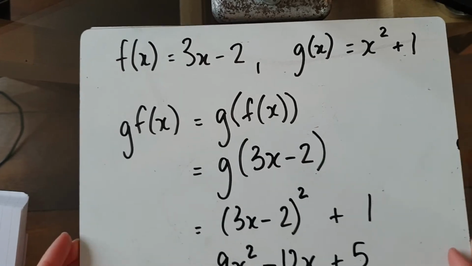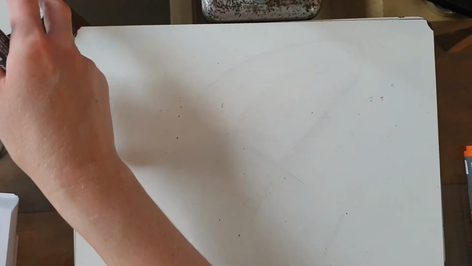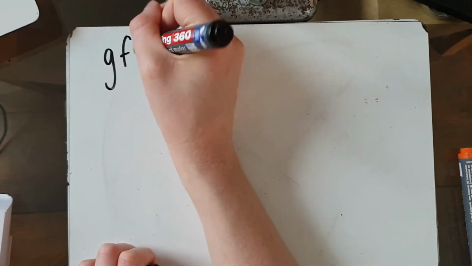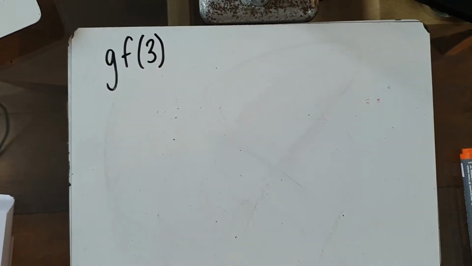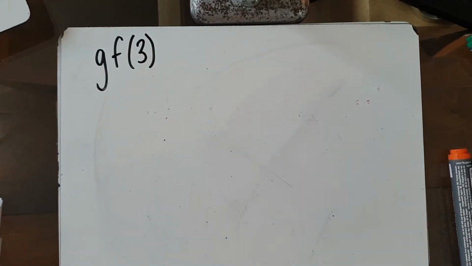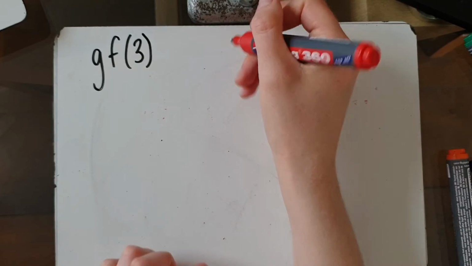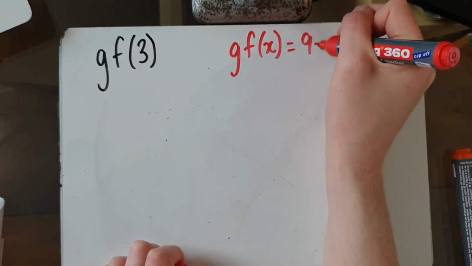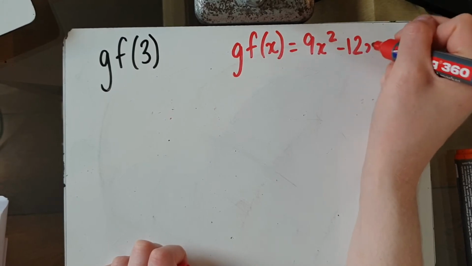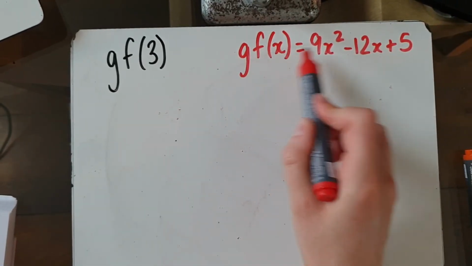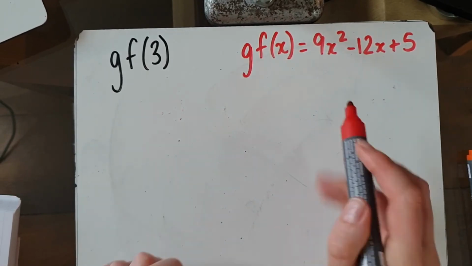If we wanted to do a value going through the function, so g of f of 3, for example, there's two ways we could do that. We just found g of f of x, so we know that g of f of x is 9x squared minus 12x plus 5. We could work out g of f of 3 by just substituting in here.